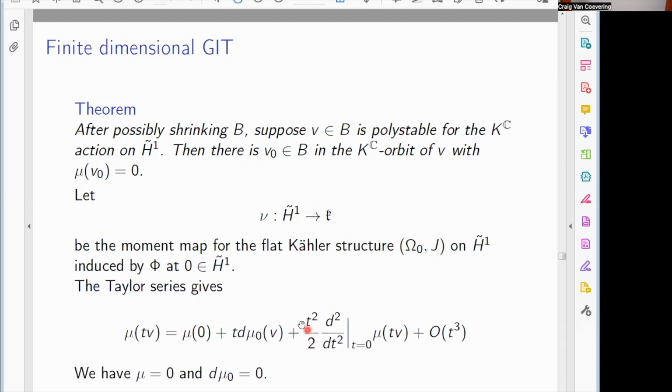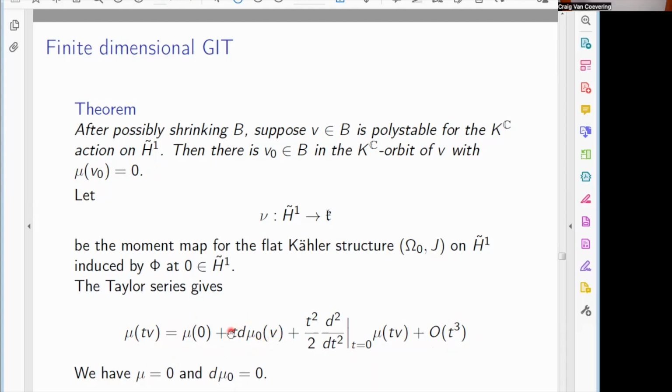And then by considering the Taylor series, so this is the genuine moment map we're interested in, the restriction of the scalar curvature. Mu 0 is 0 here because it's a constant scalar curvature metric.